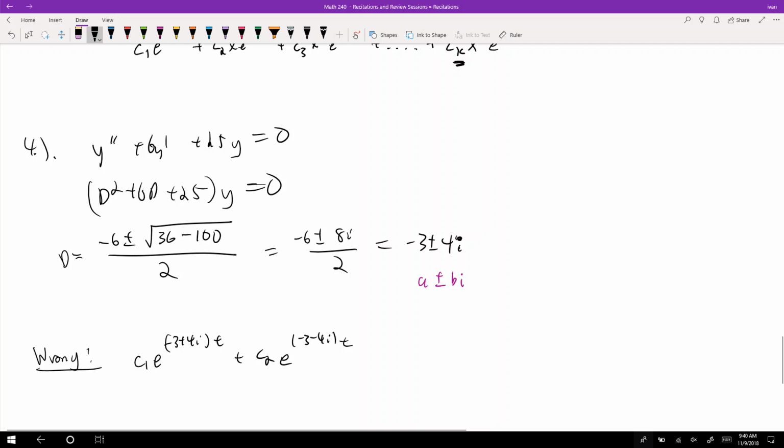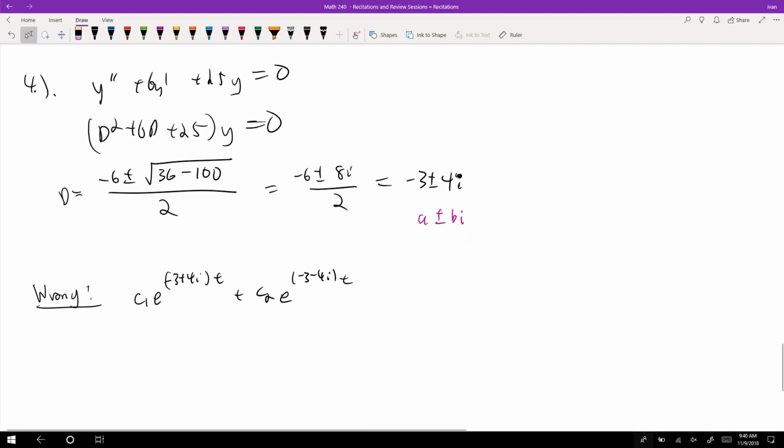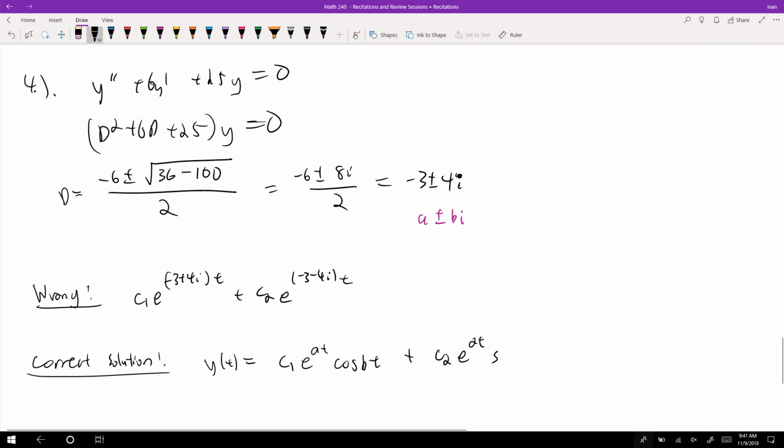All right, and so how do we simplify it? Here's the correct solution. The correct solution for an a plus bi root is y of t equals C1 e to the at cosine bt plus C2 e to the at sine bt.